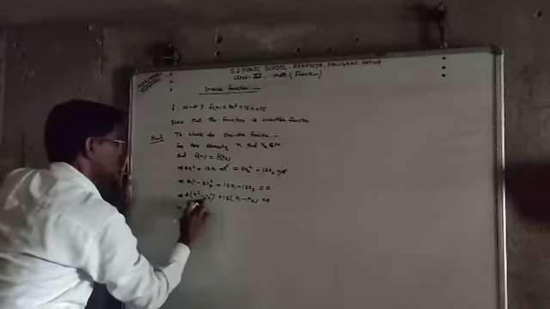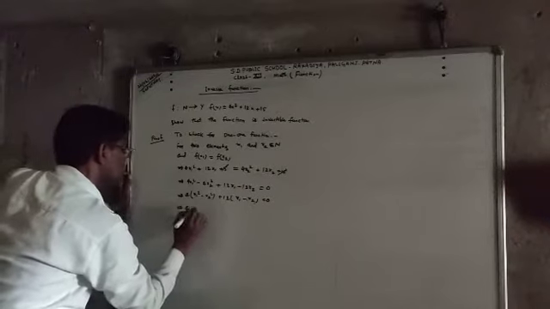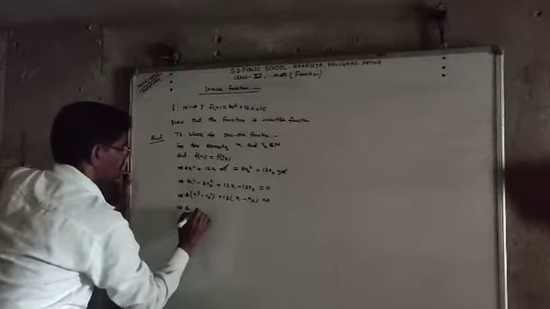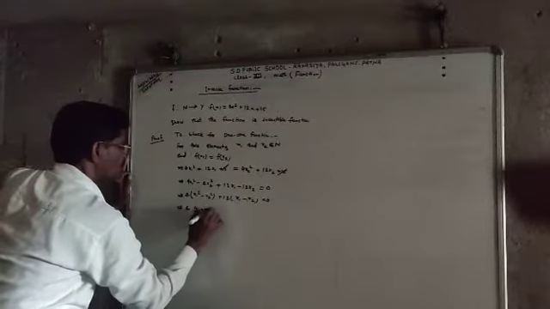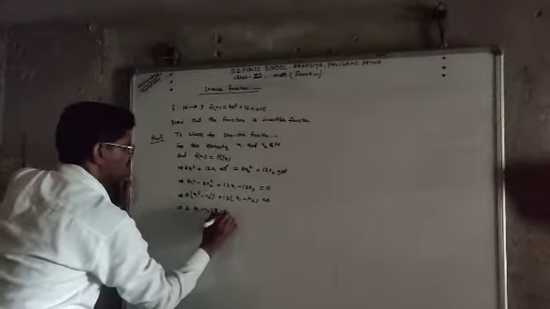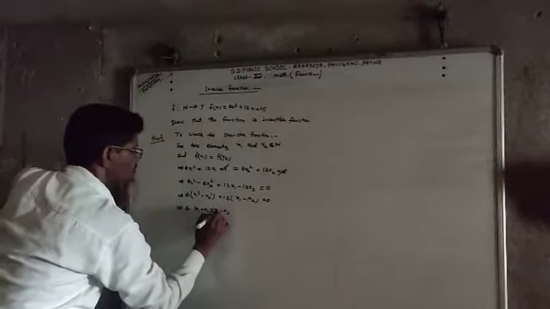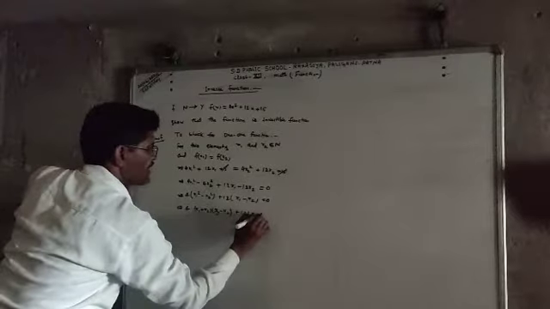We can factorize this expression. x1 squared minus x2 squared has factors x1 plus x2 into x1 minus x2. The other term is plus 12 into x1 minus x2.